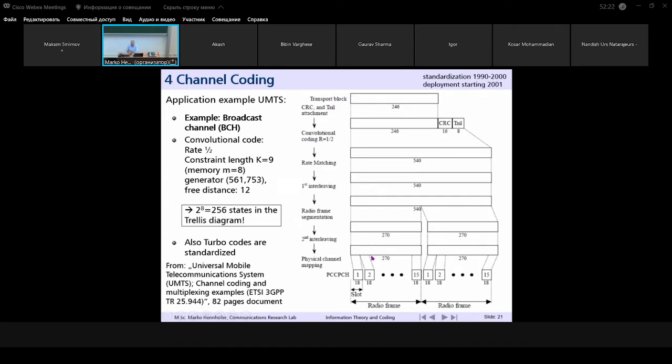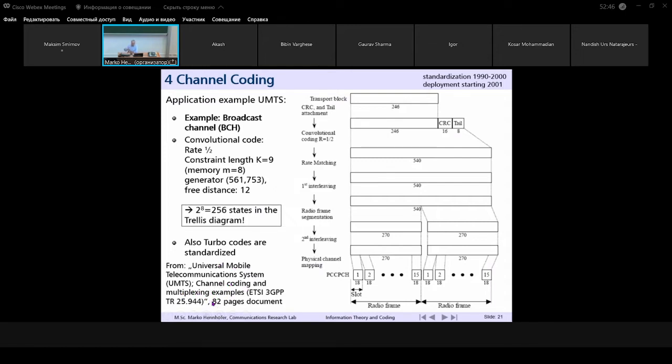Okay. This is copied from the standard, and what you will also notice if you look up some standards is that, of course, things become more complicated. Already here, the document on the channel coding and multiplexing is an 82-page document defining different sets of parameters for different kinds of channels.